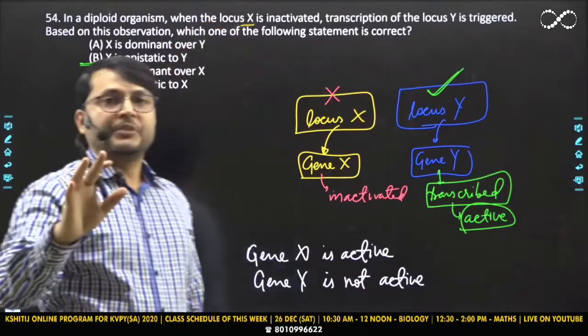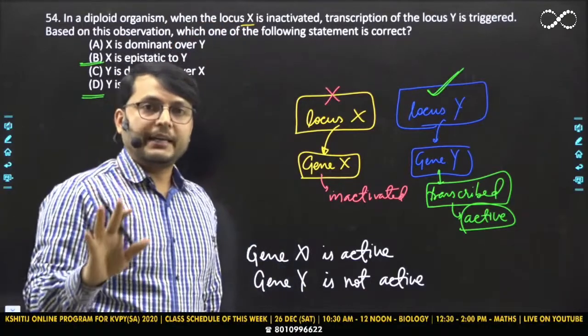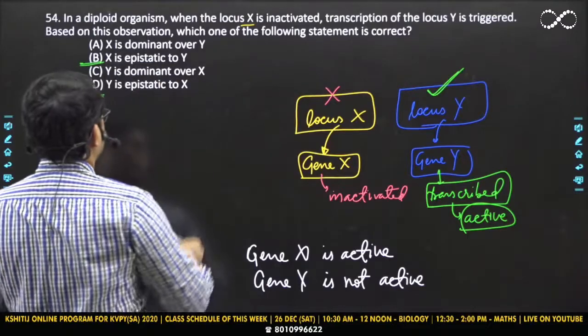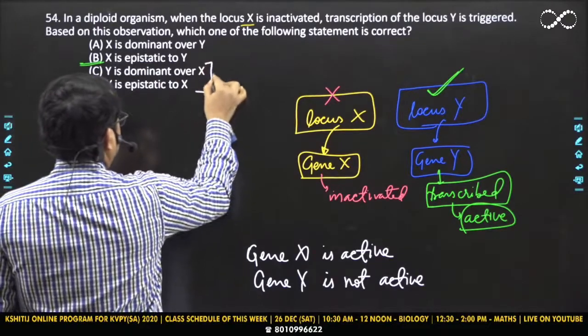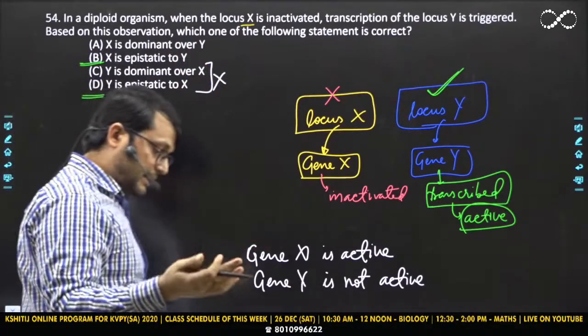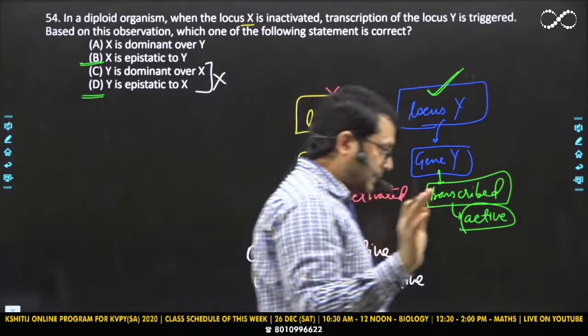This means that X is superseding Y, correct? X is superseding Y. Great. So these two options, Y is dominant over X or Y is epistatic to X, cannot be the answer, right?